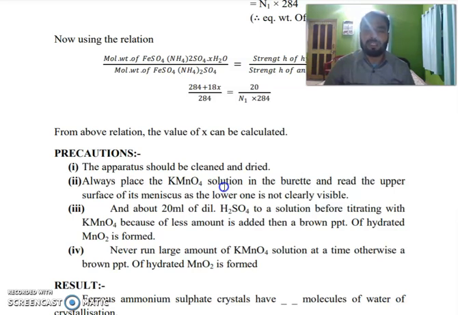And add about 20 milliliter of dilute sulfuric acid to a solution before titrating with KMnO4, because if a less amount is added, then a brown precipitate of hydrated MnO2 is formed. And never run a large amount of KMnO4 solution at a time, otherwise a brown precipitate of hydrated MnO2 is formed.